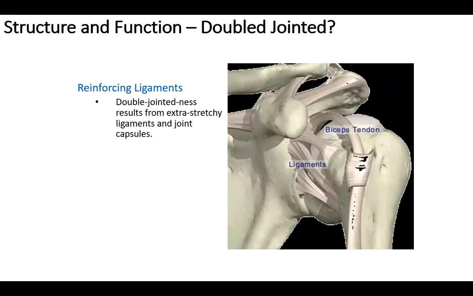No one usually has a second set of joints. What you do have with a person that's considered to be double jointed is extra flexibility in the ligaments. They're extra stretchy. They allow you to move your bones in positions that normally you can't.